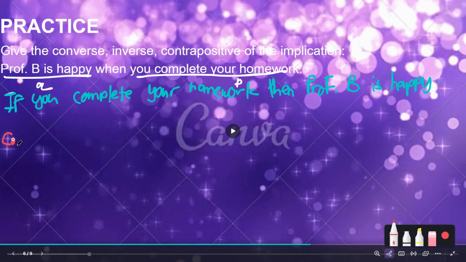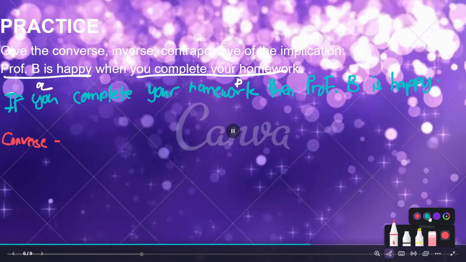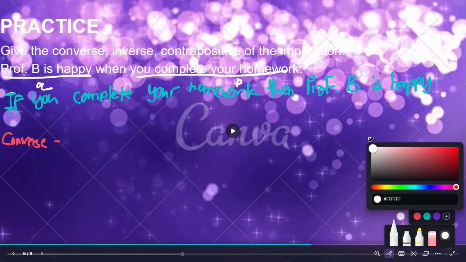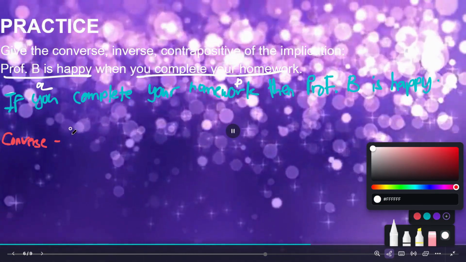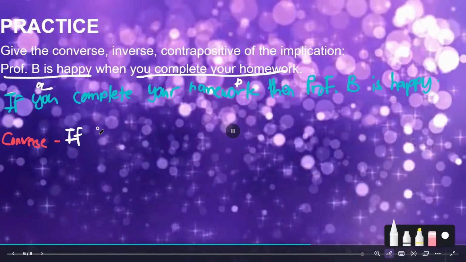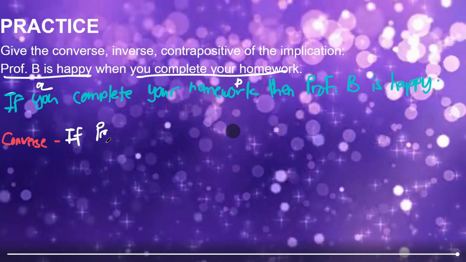Converse. What does converse mean? Very simple. Converse means if Q then P. We need to switch. P means complete your homework, Q is Proof B is happy.